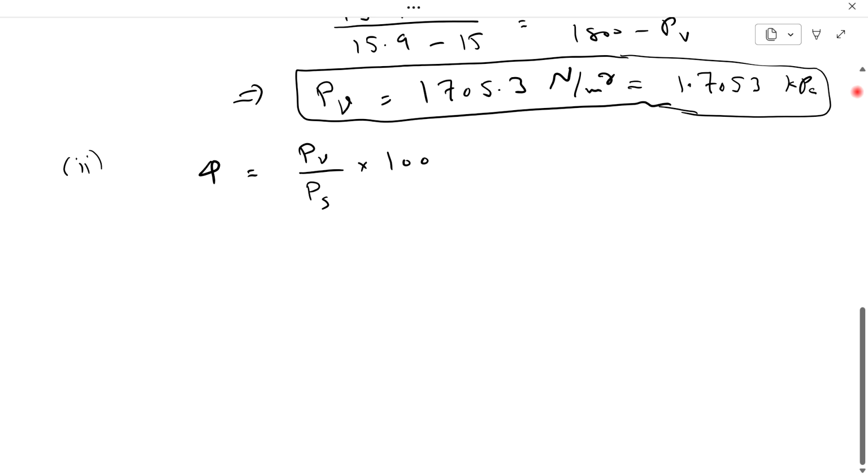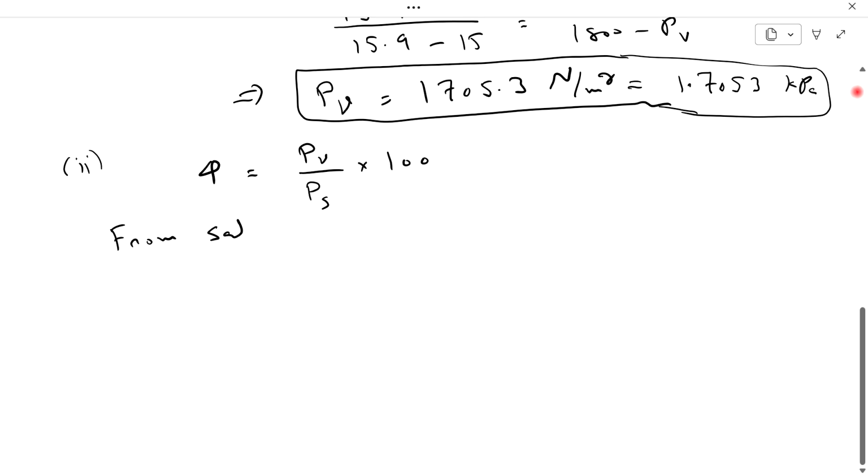So PV is already found by us, which is equal to 1705.3, and we find PS, the saturation pressure, at a temperature of 21 degree centigrade.